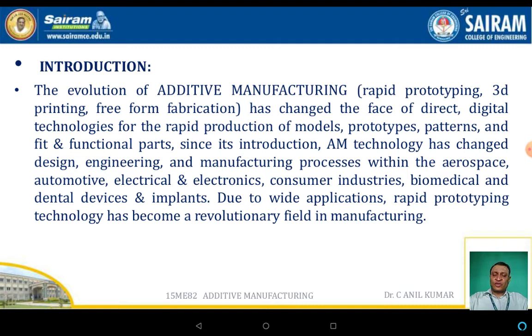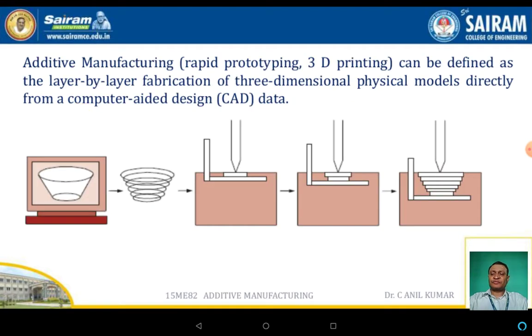Since its introduction, additive manufacturing technology has changed design engineering and manufacturing processes within the aerospace, automotive, electrical, electronics, consumer industries, biomedical, dental devices, and implants. Due to its wide application, rapid prototyping technology has become revolutionary in the field of manufacturing.